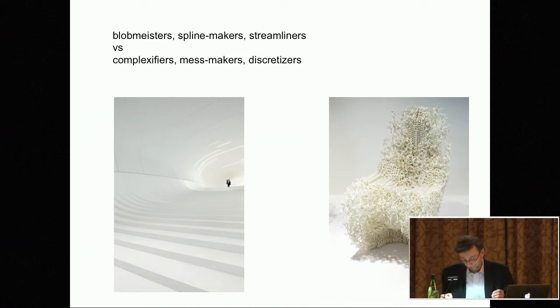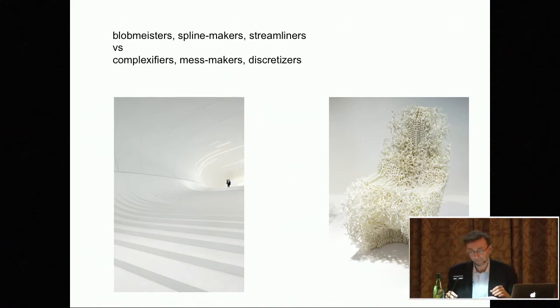And it isn't changing, of course, but in design terms, the difference between the first generation of digital spline makers and the second generation of computational discretizers is now so big that one may wonder, is there something else going on here? Something beyond the usual generational rant?